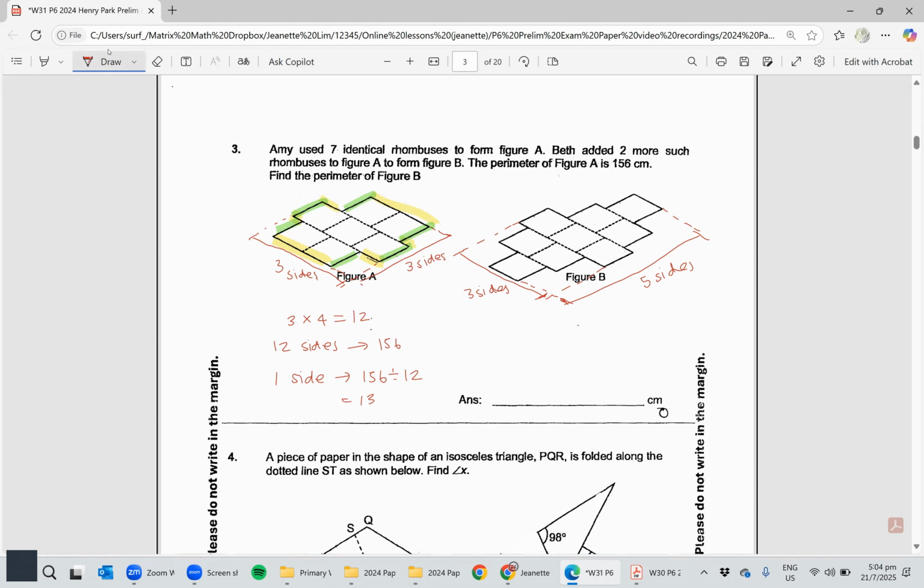So total sides for figure B is 3 plus 5 plus 3 plus 5. Okay, because on the other side, there are also 5 sides, and this here will be 3 sides to form the perimeter, the push-out method. So here are 16 sides. This is what we want. Okay, so 16 times 13, which is 208. So answer 208 cm.